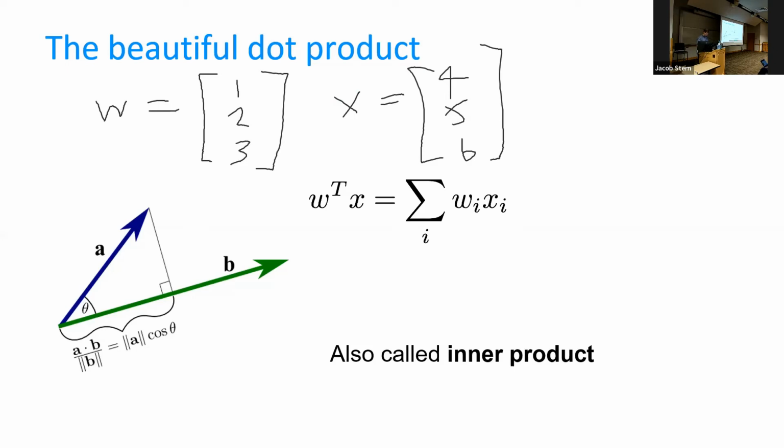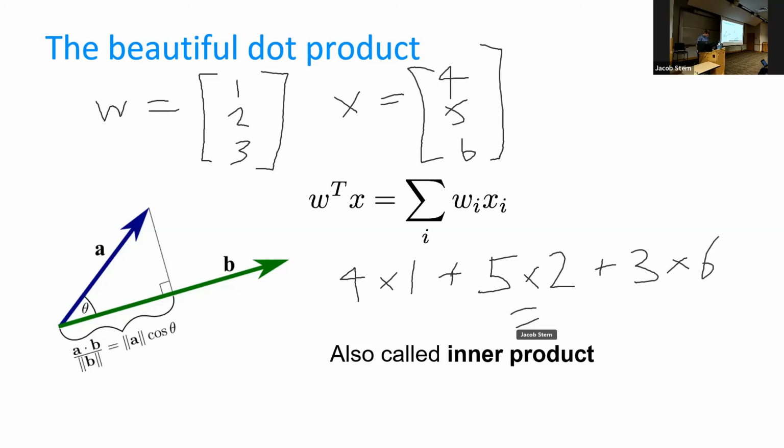So someone tell me what I should write here. 4 plus 10 plus 18. 4 times 1, plus 5 times 2 is 10, plus 18, equals 32. All right, so that's it. That's a dot product. That's how it works in math.